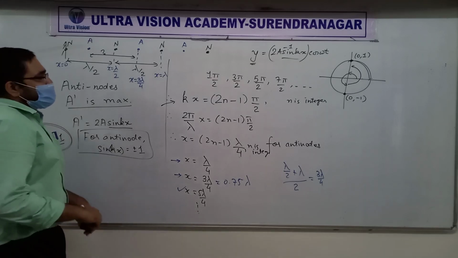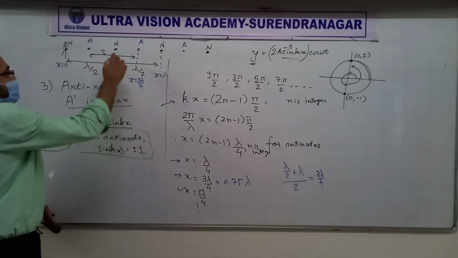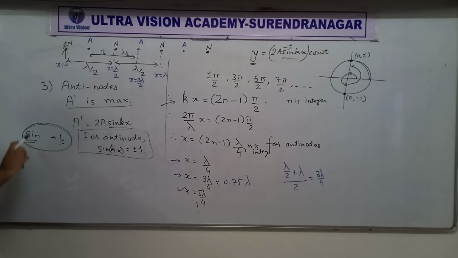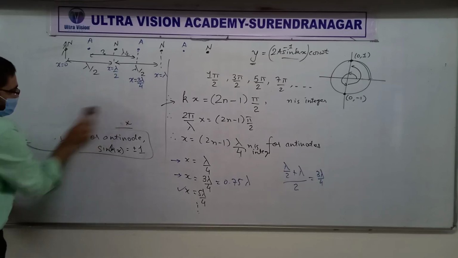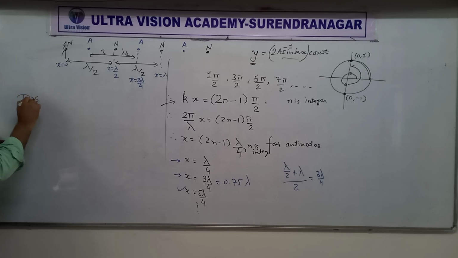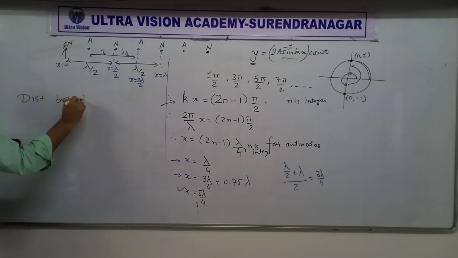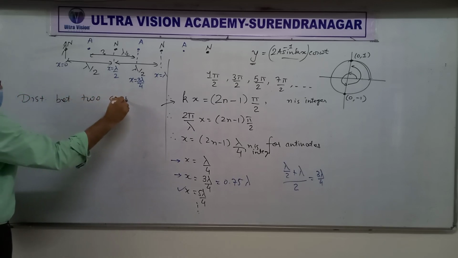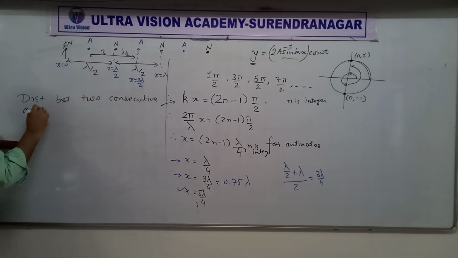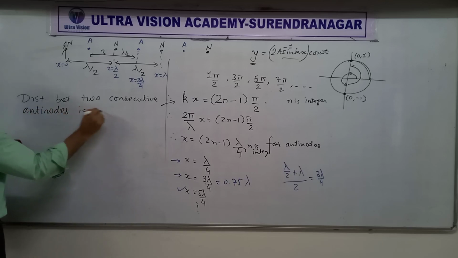Okay, so the correct answer, as many of you have said, is lambda by 2. Let's write it here. Distance between two consecutive antinodes is how much?